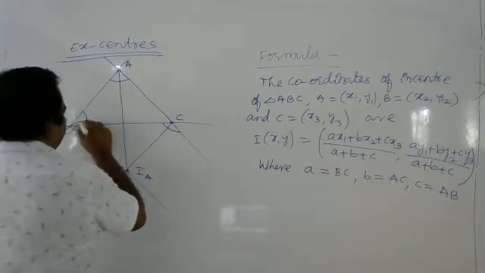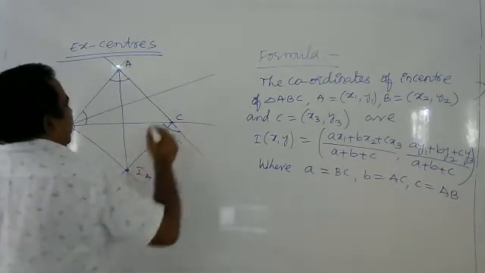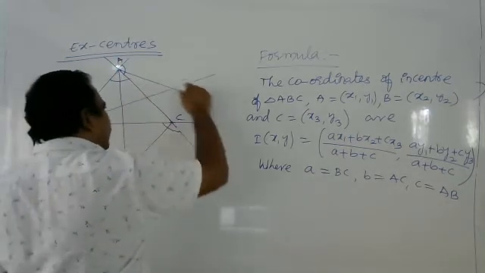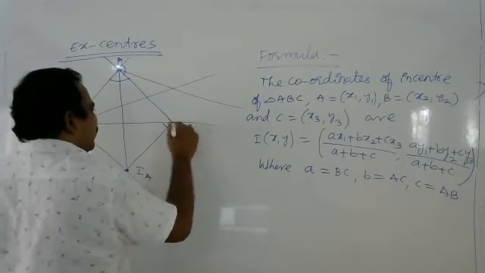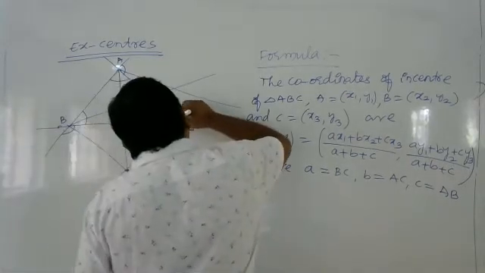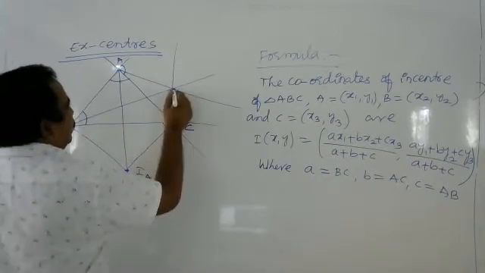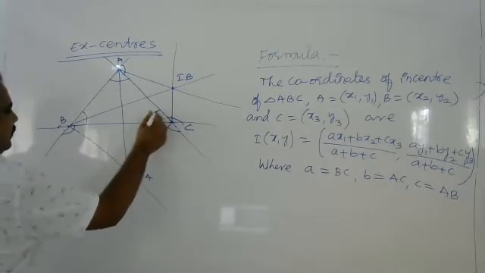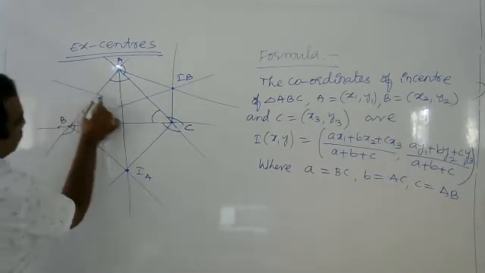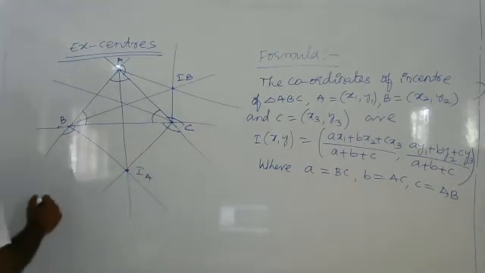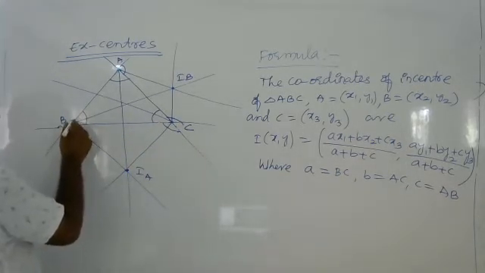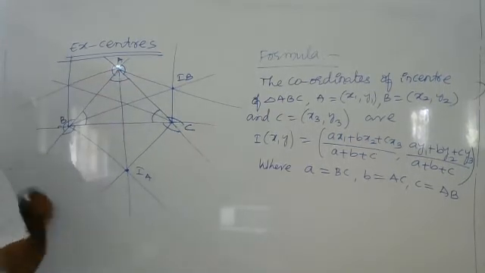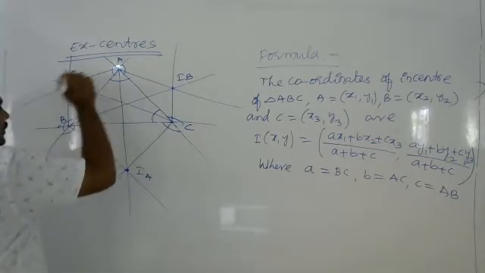One internal bisector, and for A, this is the external bisector of the angle, and here also one external bisector of the angle. So this is IB. Similarly, for C, different pens you can use. So the extension here is one external bisector, and here is another external bisector, and this is known as our IC.